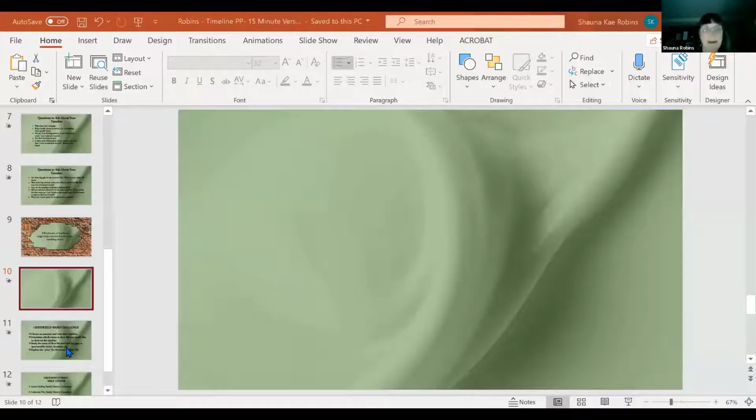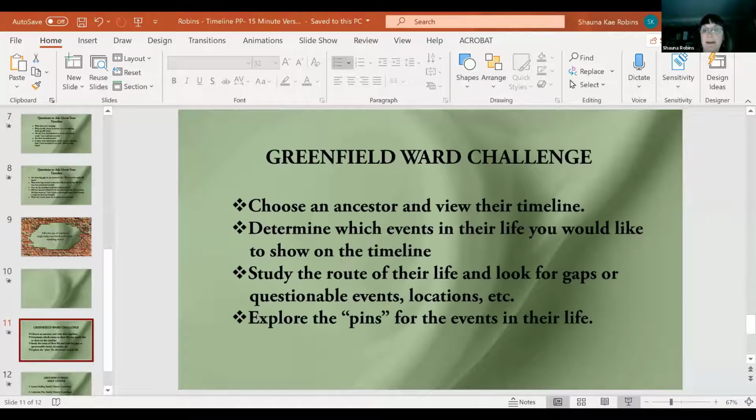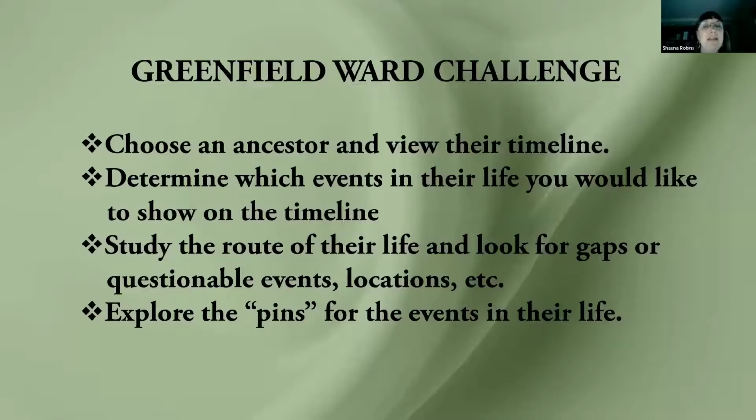We're going to go back to our PowerPoint. And this is your challenge. I want you to choose an ancestor and view their timeline. Determine which events in their life you would like to show on the timeline.